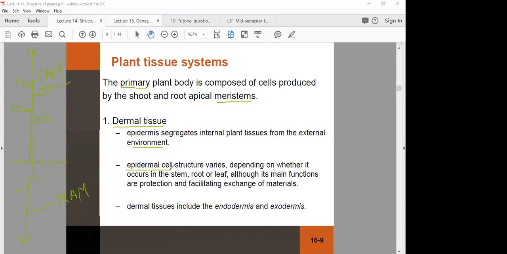Although the main function of epidermal cells are in protection and facilitating exchange of materials. But you'll come to see that there are some epidermal cells that have very unique functions. There are two very unique types of dermal tissues, including the endodermis, which we'll come back to, and also the exodermis. So keep those two in mind.